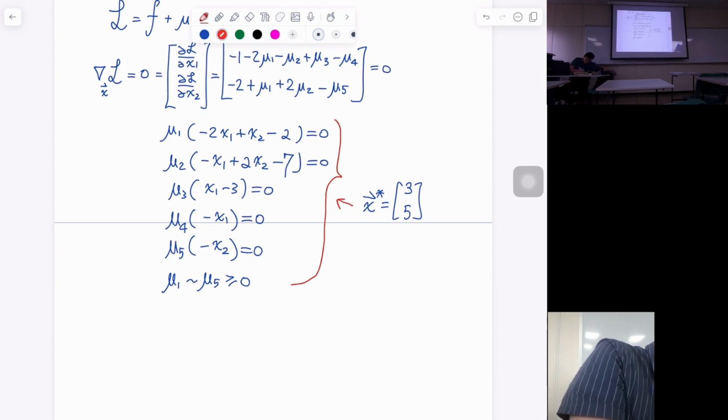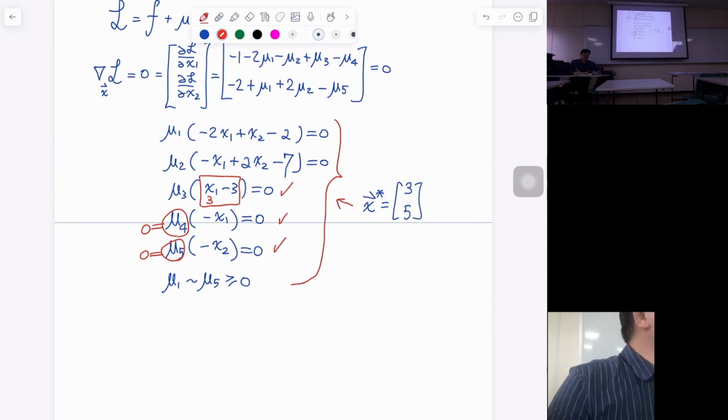From here, I can already tell these two mu's are 0, definitely, because of 3 and 5, right? So plug 3 in here. Okay, so this part is 0. So these two already satisfy. This one satisfies because x1 equals 3. Now I just need to check the first two equations.